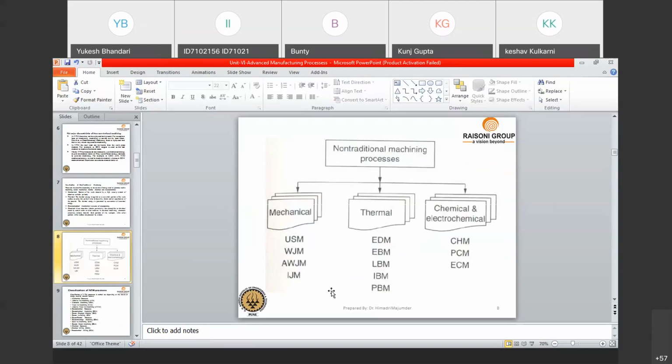Again, if you use a thermal energy source, then there are different NTM processes like EDM, electro discharge machining, EBM, electron beam machining, LBM, laser beam machining, etc. All these come under thermal energy sources. Like ECM, CHM, all these use chemical or electrochemical energy sources.